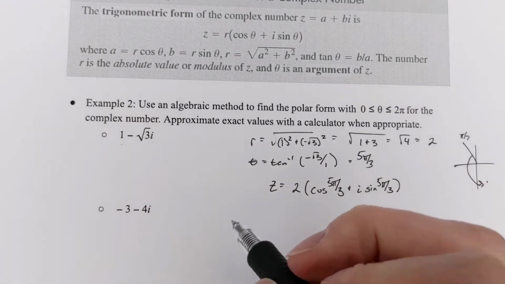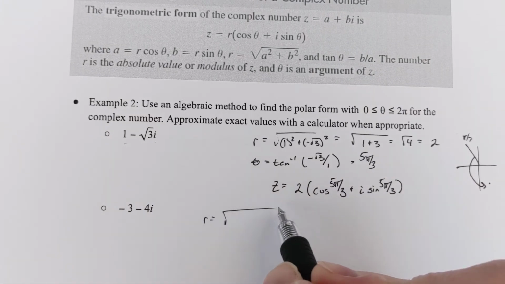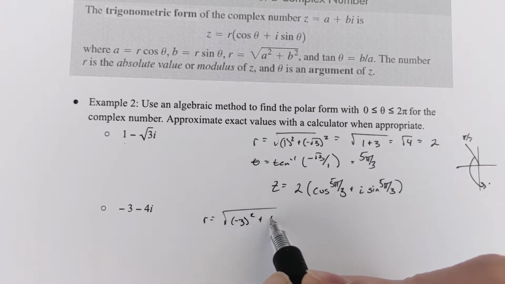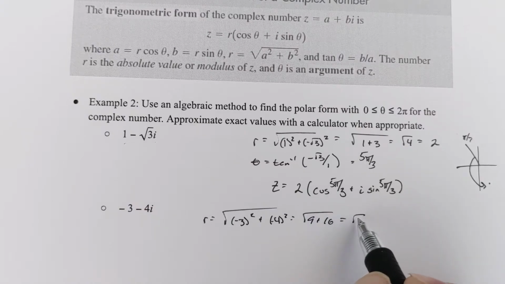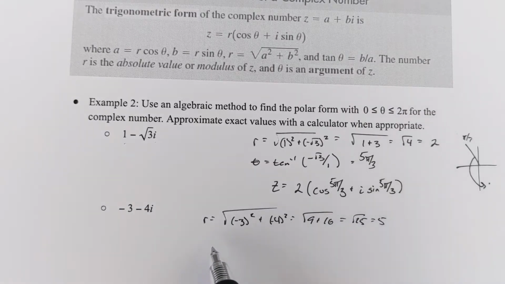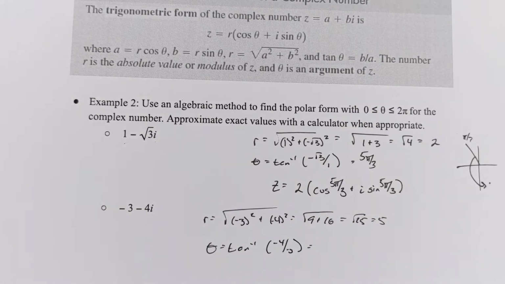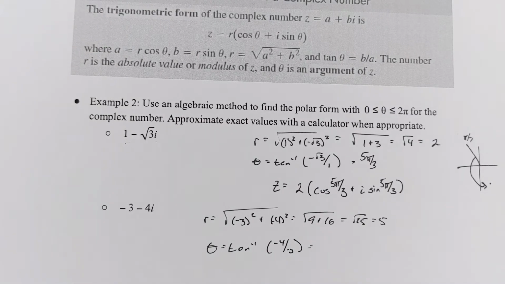All right, this one. r is equal to the square root of a squared plus b squared, so root 9 plus 16 is root 25, which is 5. Theta is the inverse tangent of b over a, which, we'll work in radians.